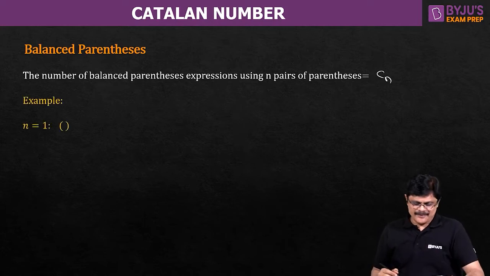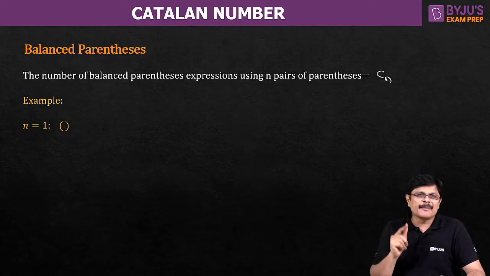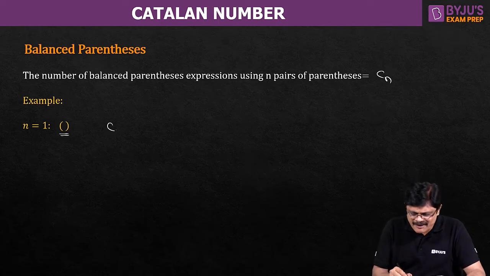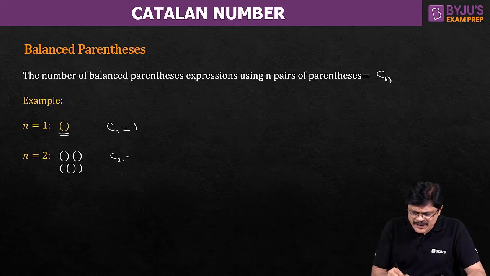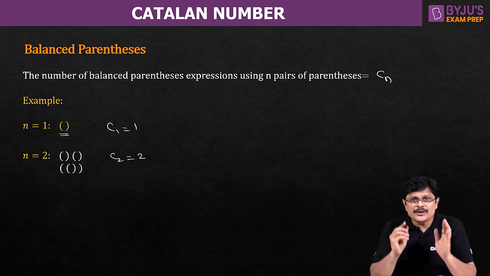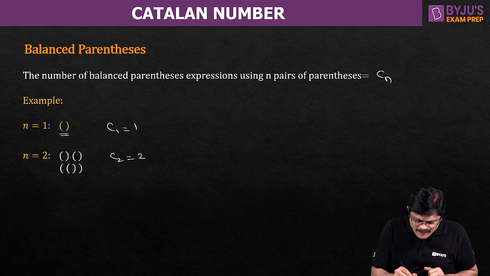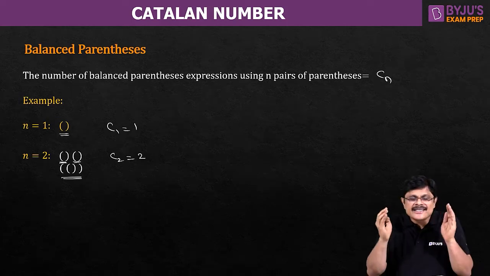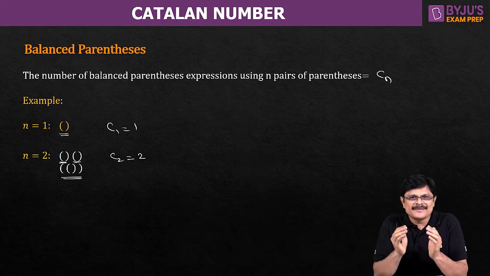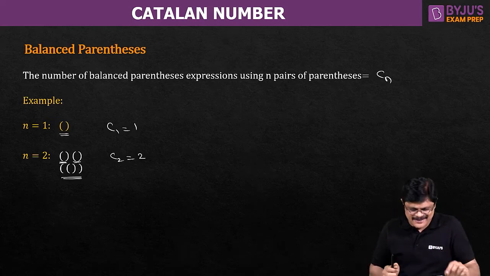So for example, when you have only one pair of parentheses, this is the only valid expression possible, because C1 is 1. When n is equal to 2, C2 is equal to 2. You have two pairs, so you can write this order, or you can write this order, that is, parentheses within the parentheses.